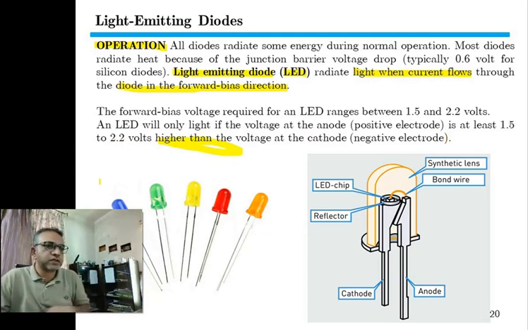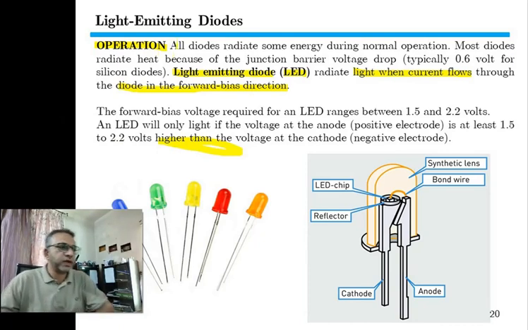So now let us discuss that. The author starts by stating that all diodes radiate some energy during normal operation. That's very true. That energy is radiated from diodes once they are in normal operation.